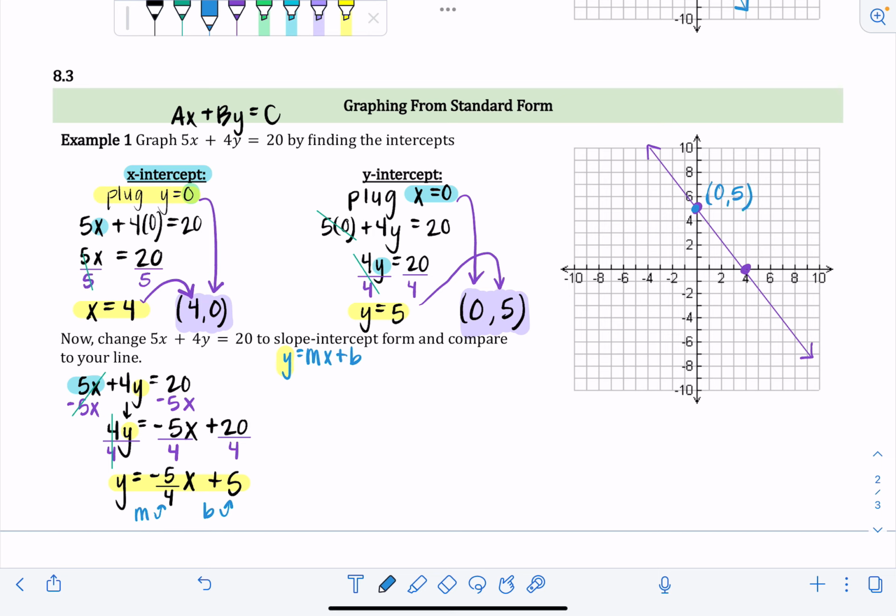And then the slope m is negative 5/4, so that would be telling me I have to go down 5 and then right 4. So let's just check it. If I go down 5 and then right 4, I end up at my exact other point. So just another way of getting the same exact answer. Ultimately, you can completely decide which way you prefer to use.